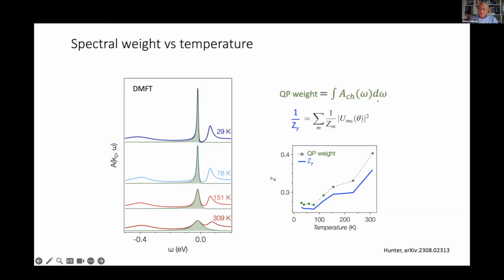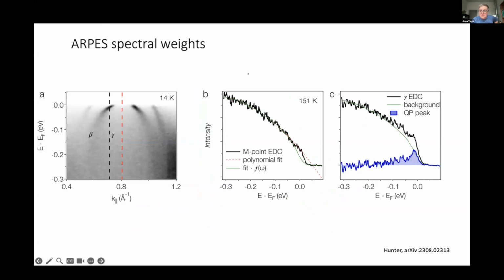I still have a question. You call quasi-particles fast and furious. Could you quantify fast again?